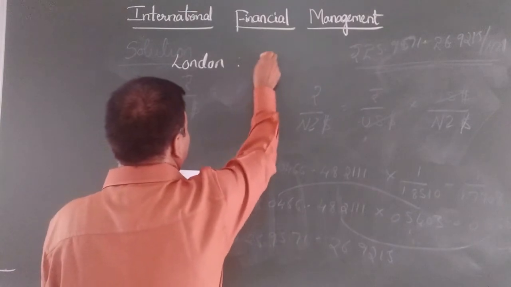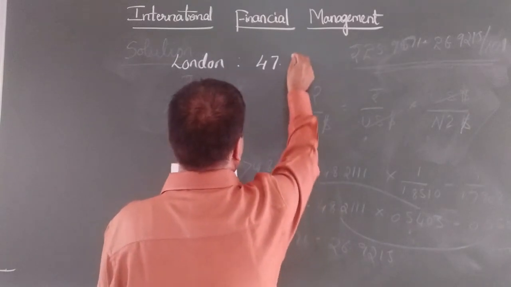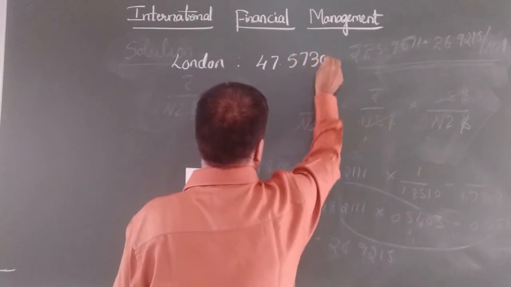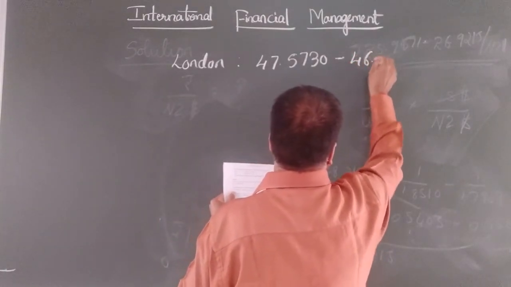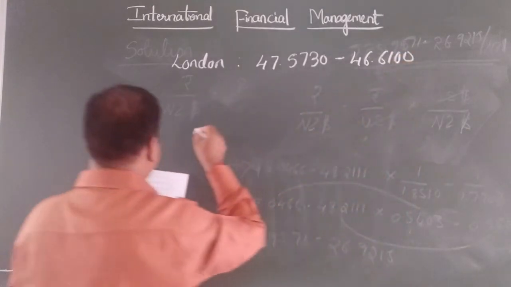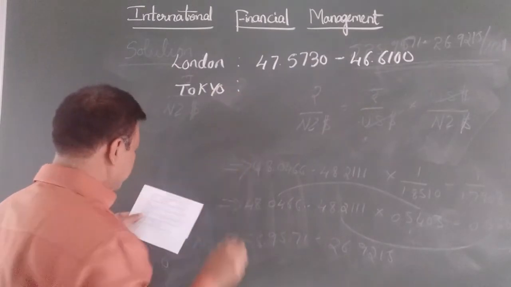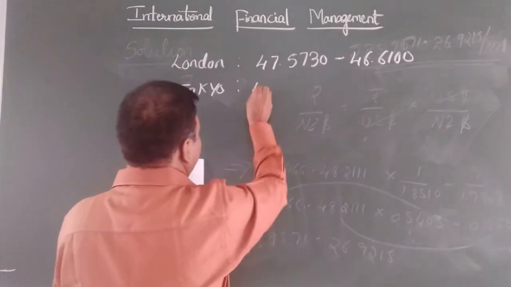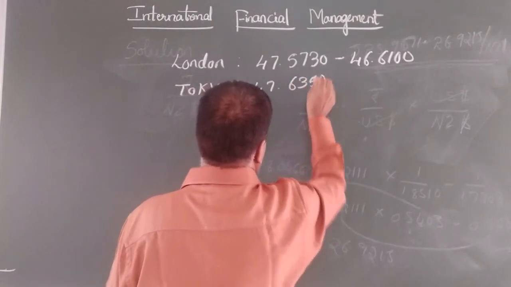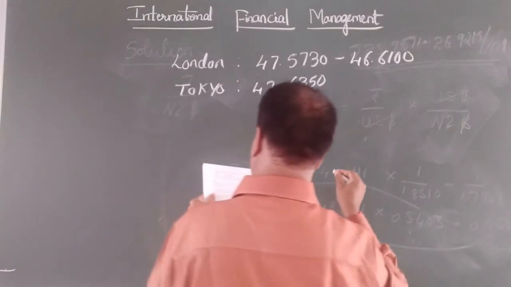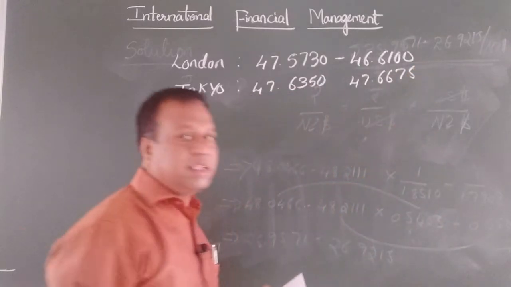In London, the rates given are 47.5730 and 47.6100. In the same way, in Tokyo, they are quoted as 47.6350 and 47.6675. Now, what are they asking you?